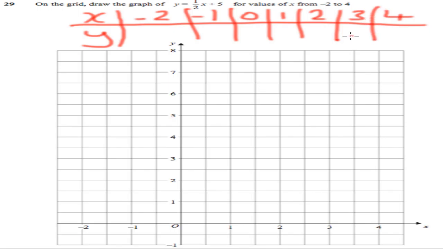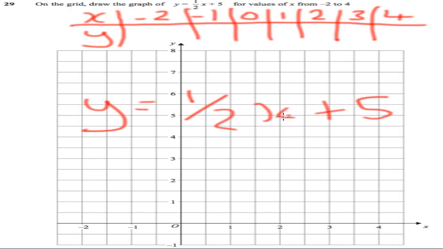What we need to do is find out what y is. Now, if you remember, the original equation says quite clearly, y equals a half of x plus 5. Now, the videos that I've seen always say start with the positive numbers first and then work your way backwards towards the minus numbers.